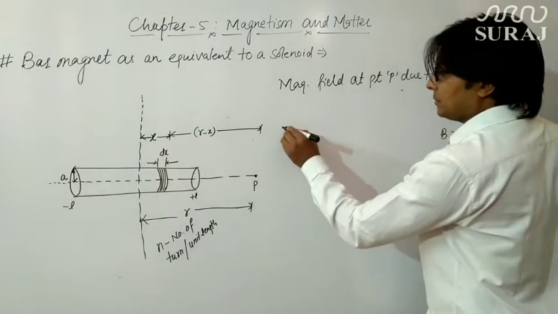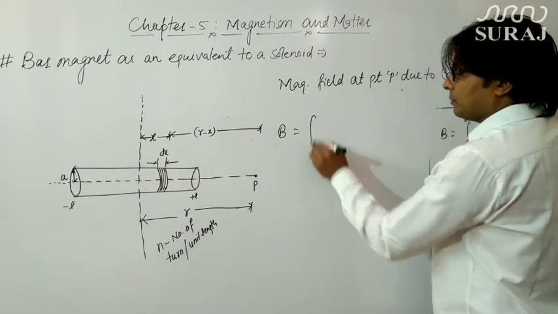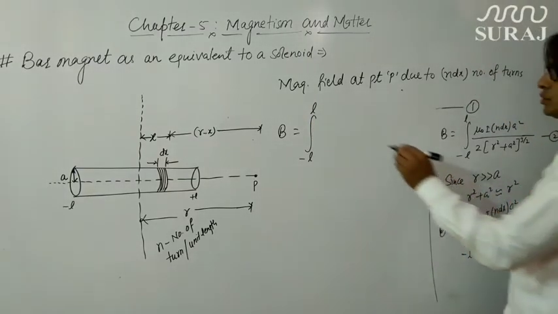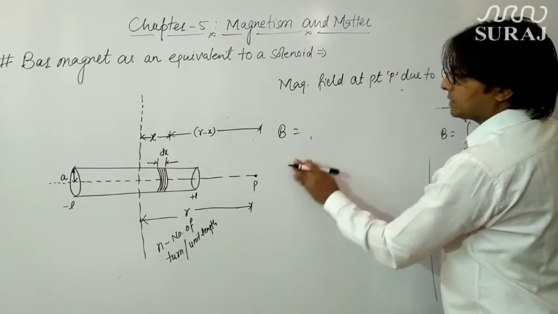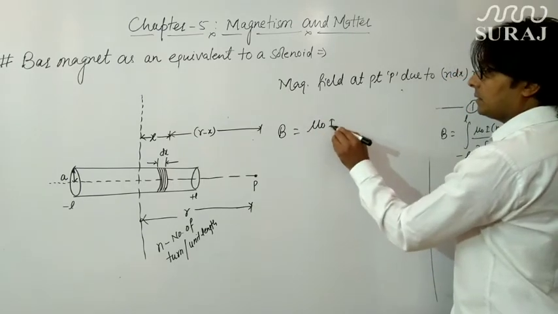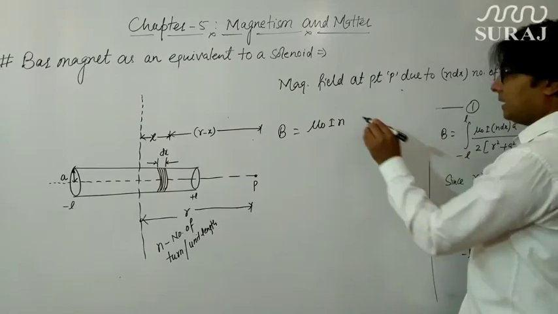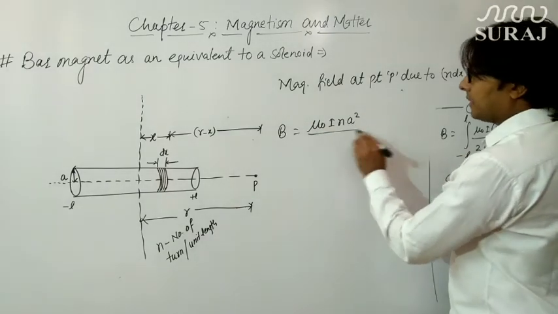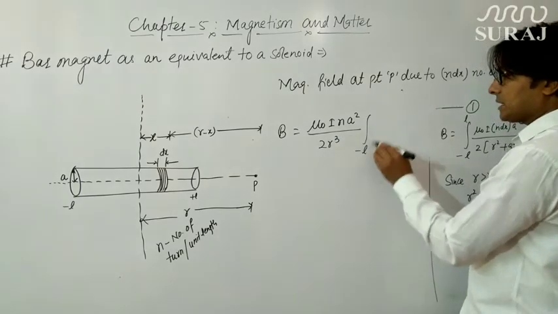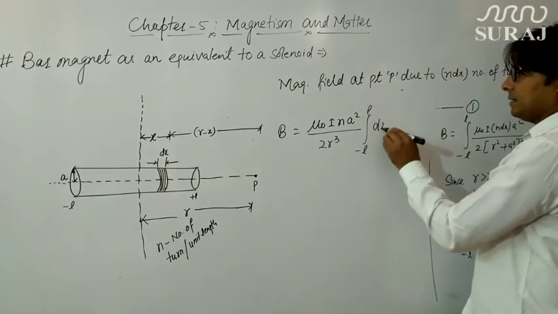So net magnetic field at point P will be integration from minus L to plus L, mu 0, as I have said, we will take it out, mu 0 I n a square divided by 2r cube, integration from minus L to plus L.